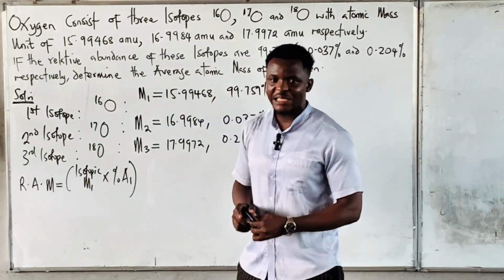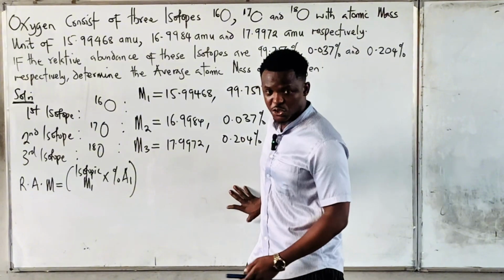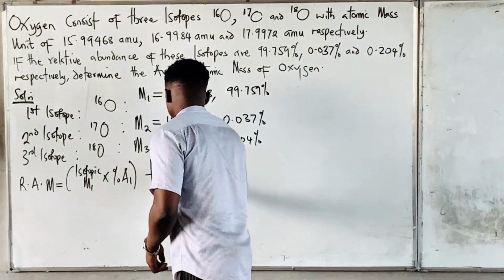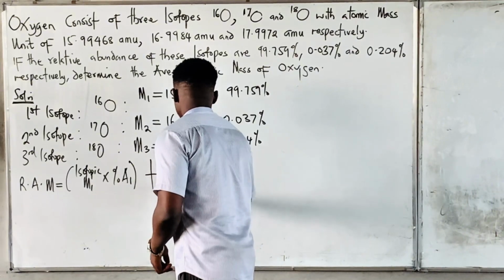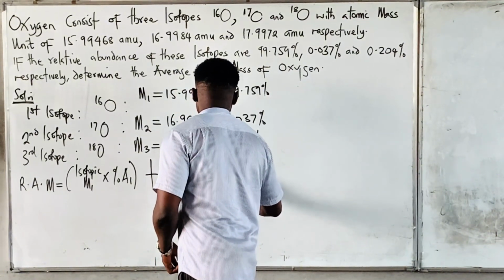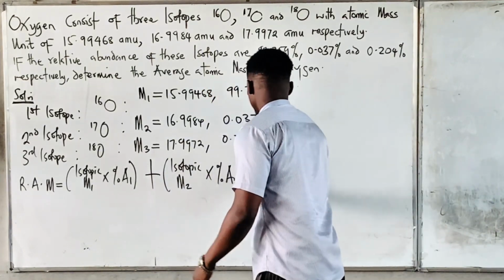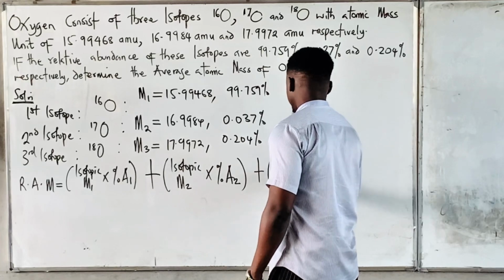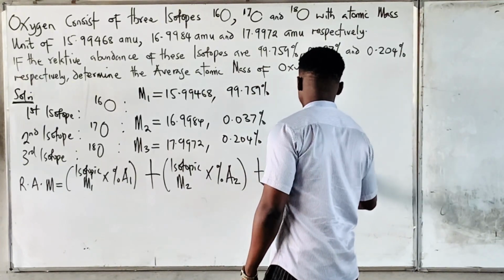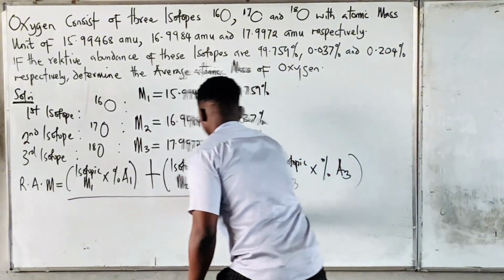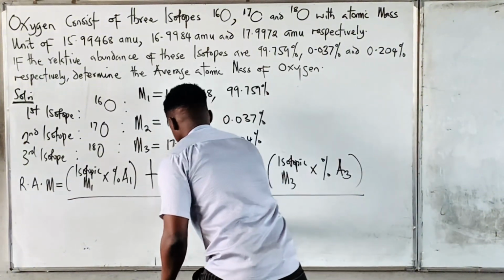Please, since it's for 3 isotopes, this is going to get to the third guy, isn't it also? So plus isotopic mass 2 times percentage abundance 2 plus isotopic mass 3 times percentage abundance 3. Now this is all divided by what? 100.